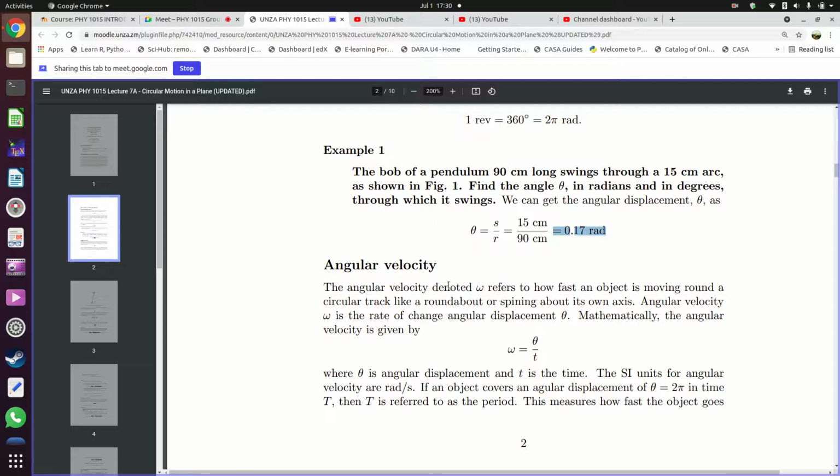So you can find out how fast the sun is moving across the sky. Since it starts in the morning all the way up to the evening, you can make an estimation, say it's going to be 180 degrees or pi radians.